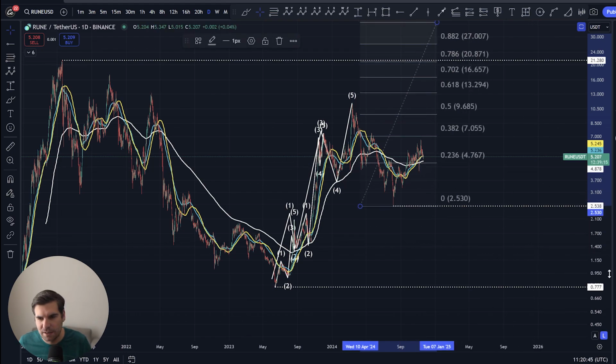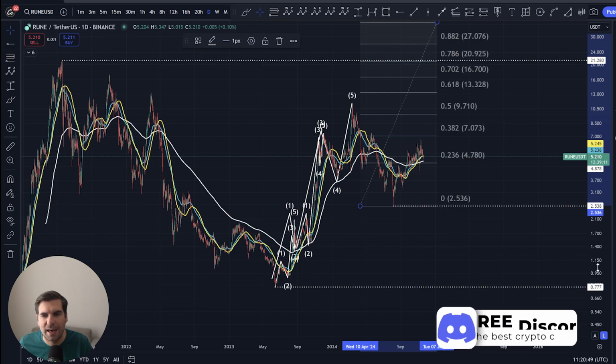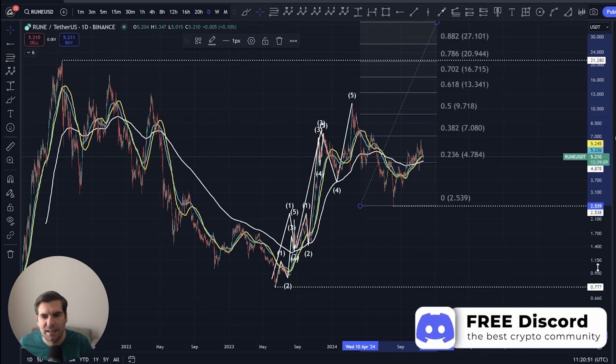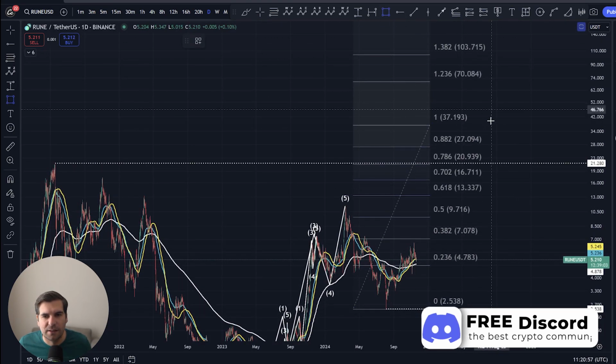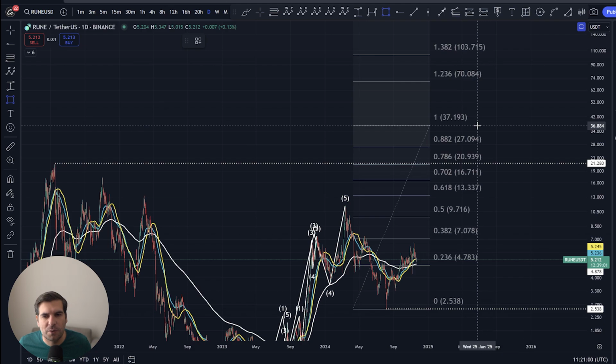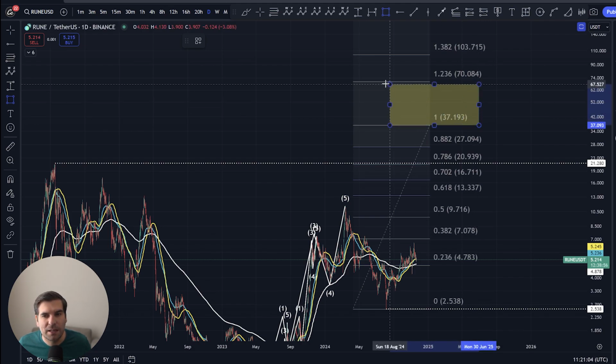Let me go ahead and pull this onto the correct level, which would be 2.538, if I can talk. Okay, and our conservative targets are going to be up here in a new all-time high for Rune. That's going to be between 37.19 and 70.08.